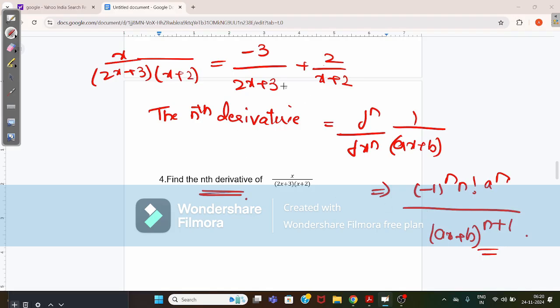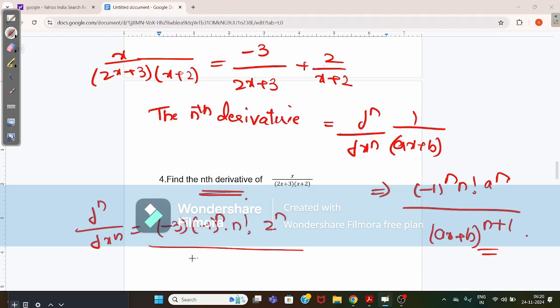Okay, substitute these values in this. Dou n by dou x power n gives the value here minus 3 into minus 1 whole power n into n factorial into 2 power n by 2x plus 3 whole power n plus 1.